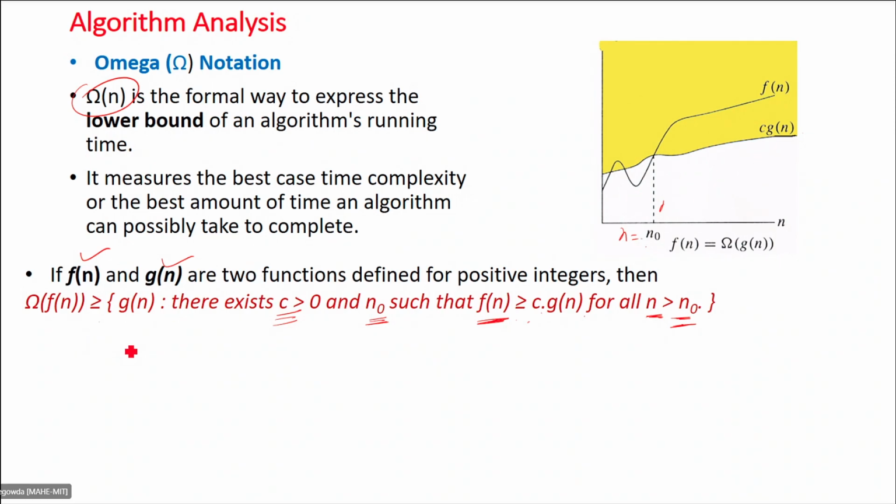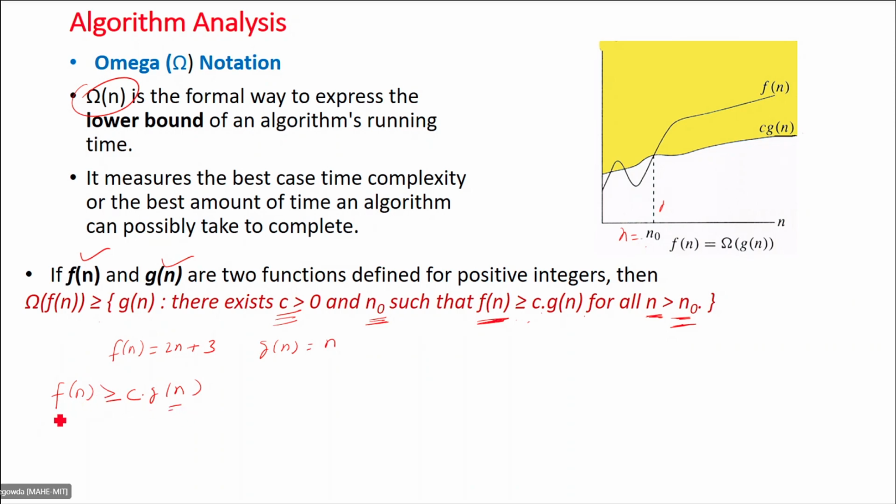Let us consider another example, the same example here also. I have taken f of n is equal to 2n plus 3 and g of n is equal to n. We ought to find out whether f of n is big omega of g of n or not. If it obeys this condition, then f of n should be greater than or equal to c into g of n.